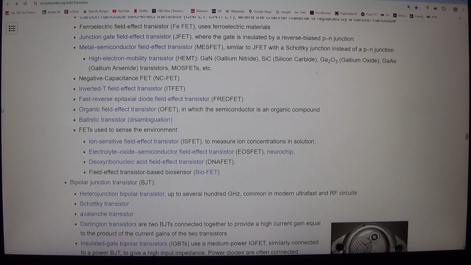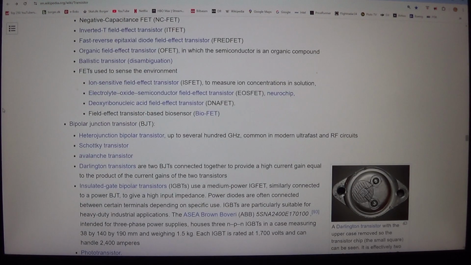Metal semiconductor field effect transistor, MESFET, similar to JFET with a Schottky junction instead of a PN junction. 1. High electron mobility transistor, HEMT: GaN, gallium nitride, SiC, silicon carbide, Ga2O3, gallium oxide, GaAs, gallium arsenide, transistors, MOSFETs, etc.